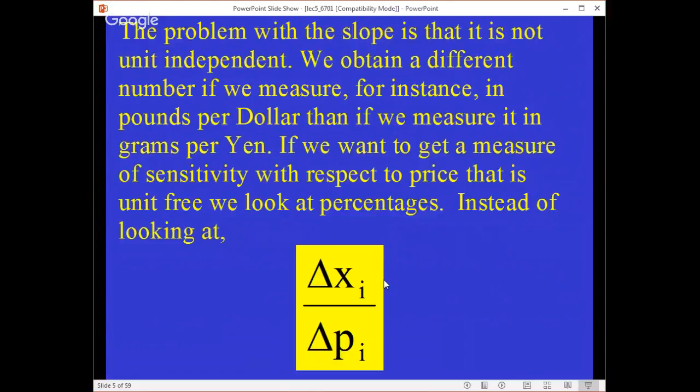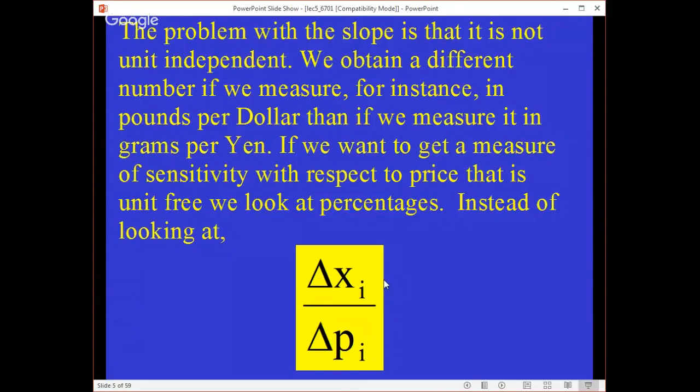And as I said, the problem with slope is it's unit sensitive. The example I use here is if I measure demand for something that we sell by the pound, or by weight, if I measure it in pounds per dollar, right, US pounds per dollar, the slope is going to be different than if I measure it in, the example I have here is grams per yen.